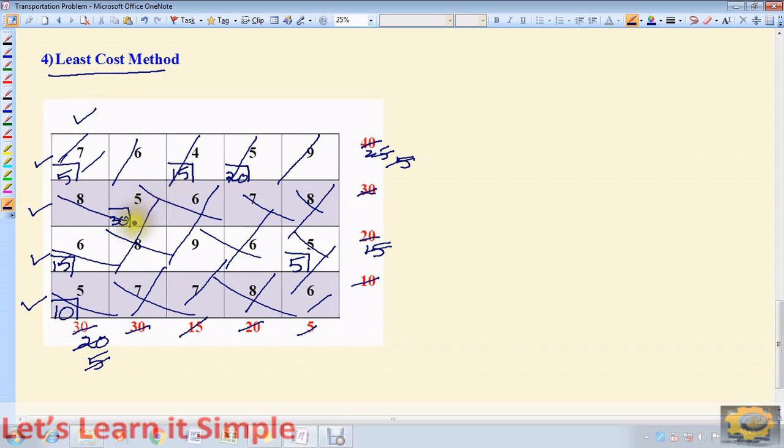Next we have 30 in the second column, yes. Next 15 in the third. Next I have 20 here, then 5 here. So we need to verify the demand with the supply, whether it has been allocated in all the rows and columns. After this, we need to find the transportation cost.